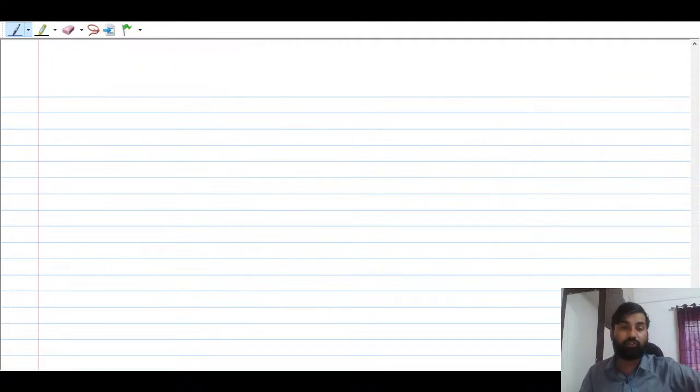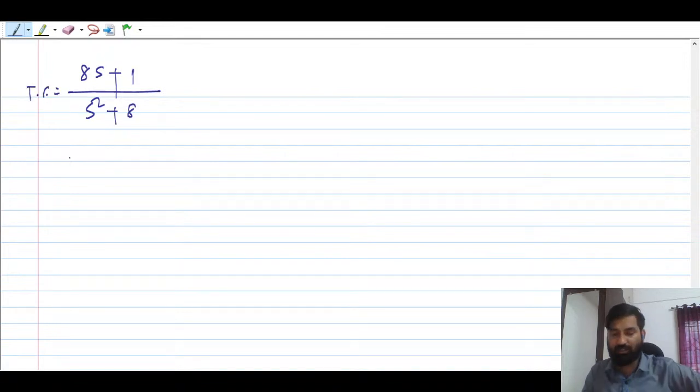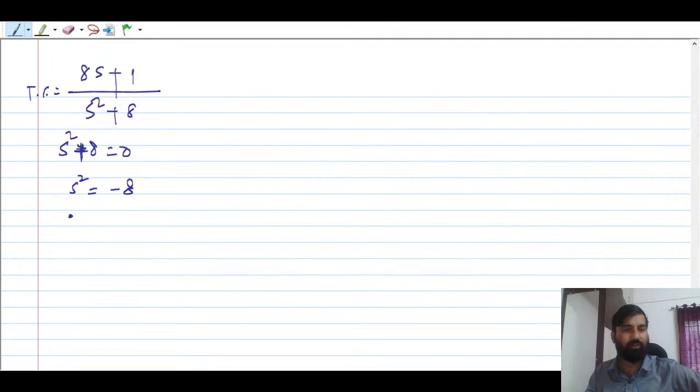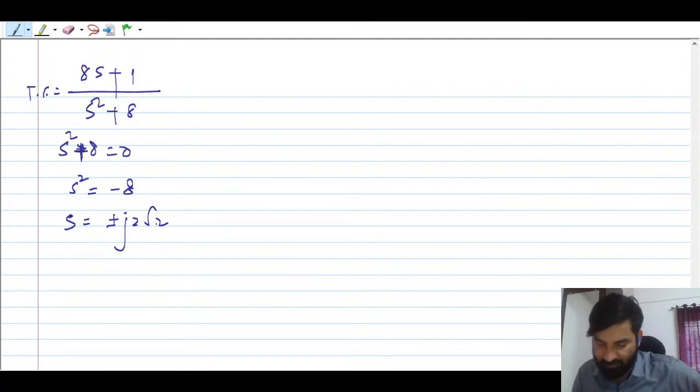Since you have got the transfer function, 8s plus 1 upon s square plus 8, if you write s square plus 8 equal to 0, this is the characteristic equation. So s square is equal to minus 8, so s will be plus minus j 2 root 2.